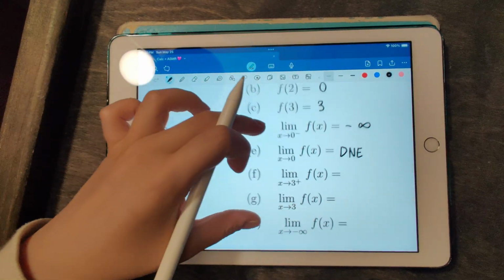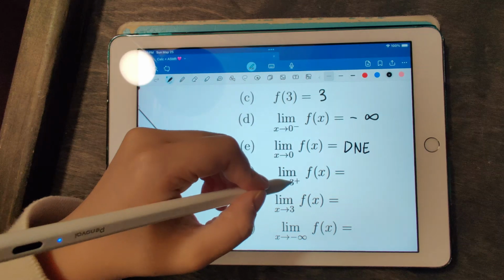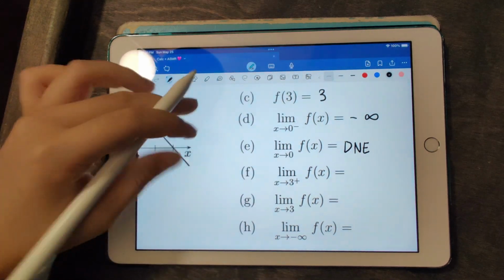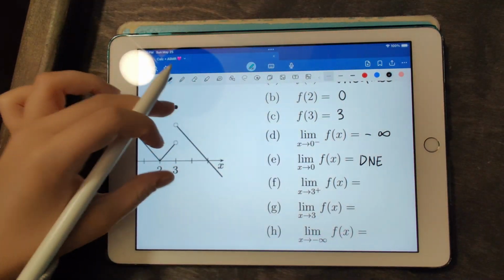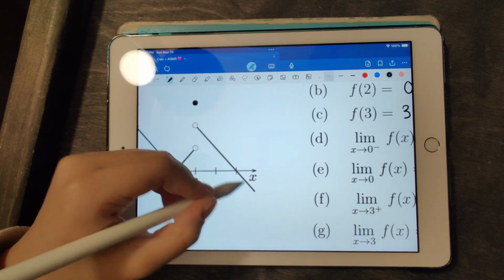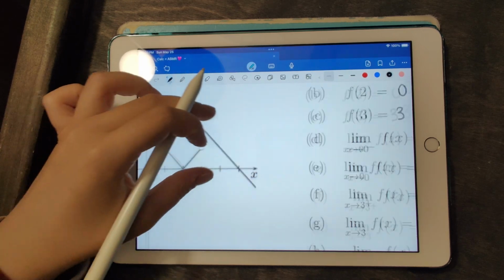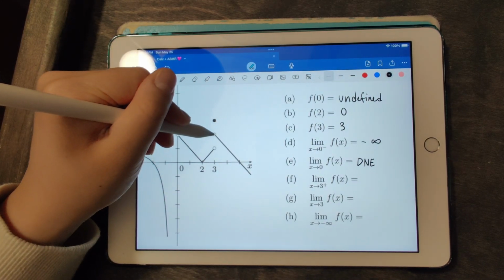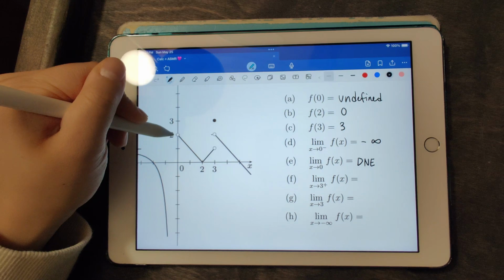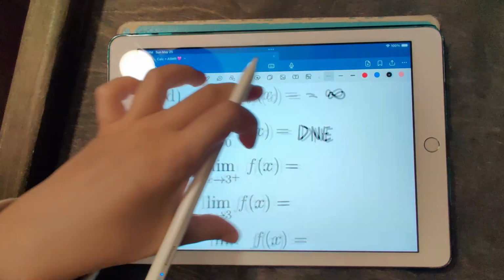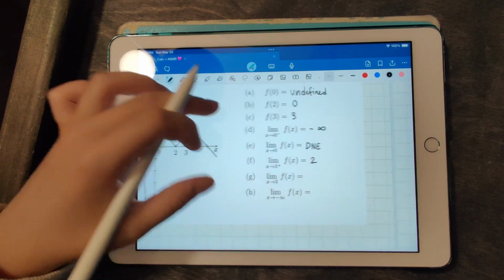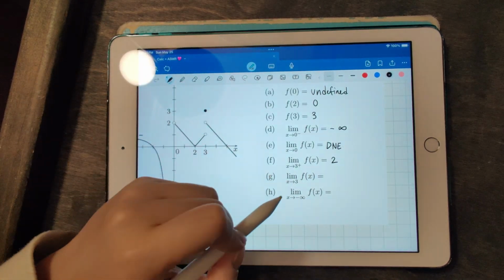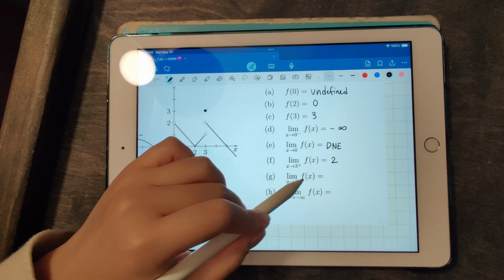Okay, the next one. Now again, this is a right hand limit. This is the limit as x approaches 3 from the right of f of x, and we can see here as x approaches 3 from the right, f of x approaches the value 2. And so the answer to this would be 2. And looking at G, the limit as x approaches 3 of f of x.